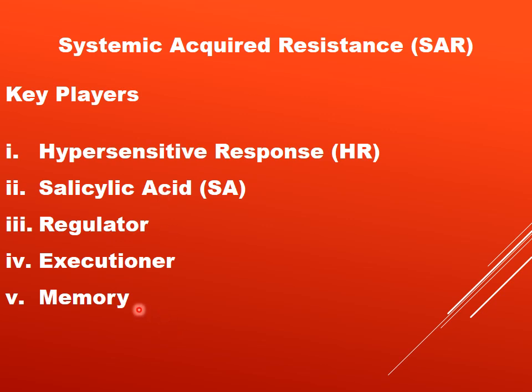The other pending question for plant scientists is why the plant remembers that it was once infected by the avirulent pathogen, because plants, unlike animals, don't have T cells or B cells, and similarly plants don't have antigen-antibody interaction.